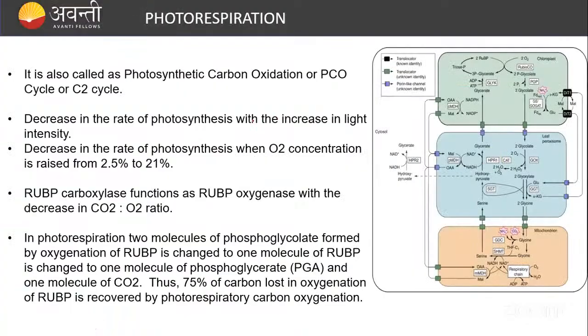Then coming to photorespiration, you all know that the Rubisco enzyme has more affinity for carbon dioxide, right? But sometimes the Rubisco combines with oxygen. On which condition? When light intensity is increased, the Rubisco combines with oxygen.